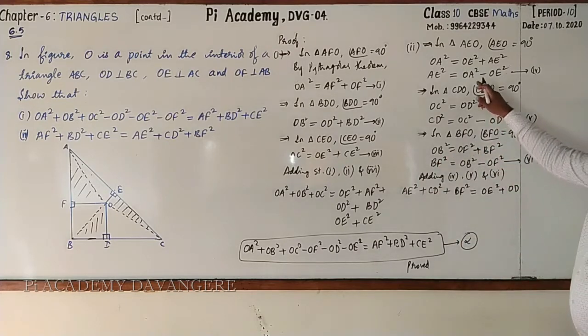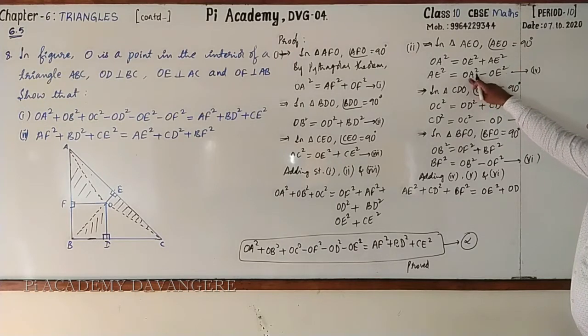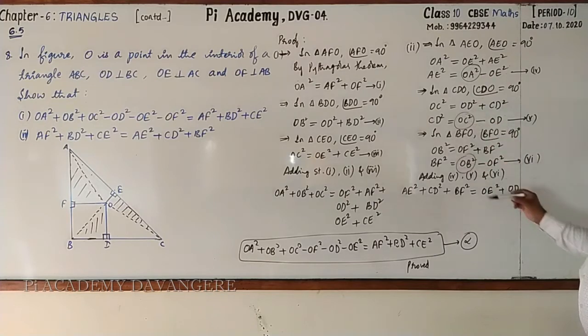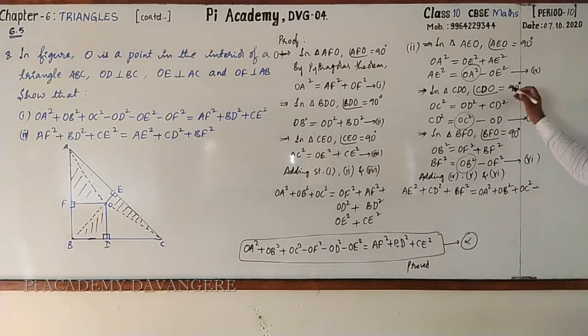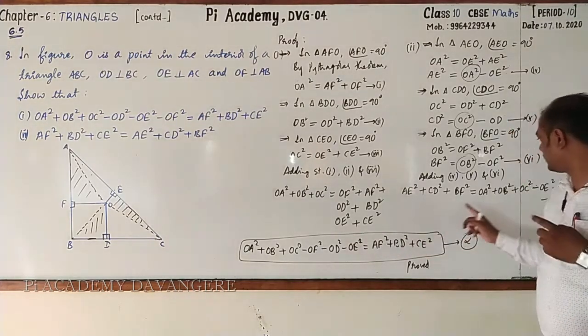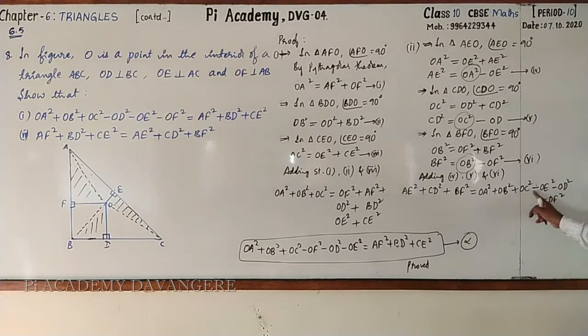Now let me write that. OA square, OC square, OB square. Here I'll write OA square plus OB square plus OC square, minus OE square minus OD square minus OF square. What is OA square plus OB square plus OC square minus OF square minus OD square minus OE square?